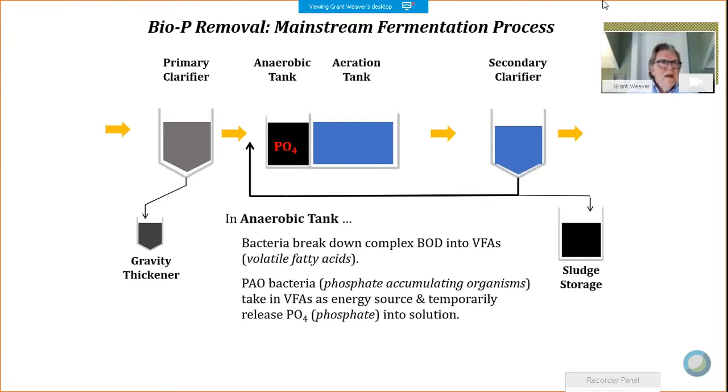But it also happens when the bacteria are very active, when they consume the volatile fatty acids, and as they do, part of their energizing metabolism is to release phosphorus in the solution. And PO4 is orthophosphate, or soluble phosphorus. So if you measure the soluble phosphorus leaving this anaerobic tank, it should increase from what it was going into the tank. And it should increase quite a bit, 3 times.